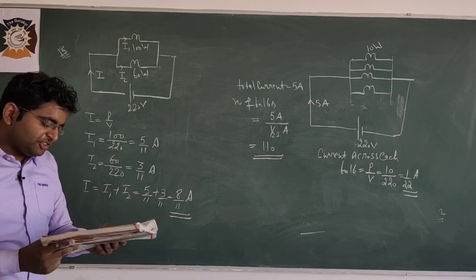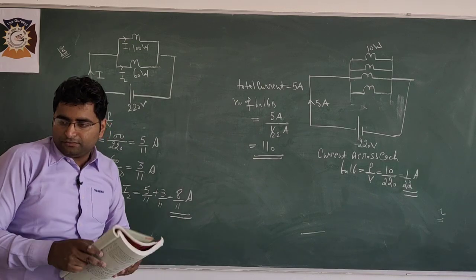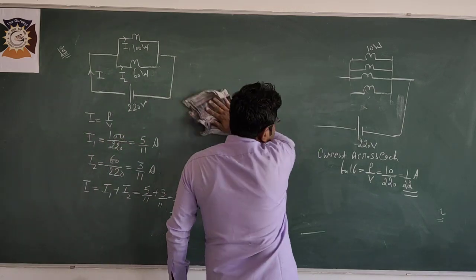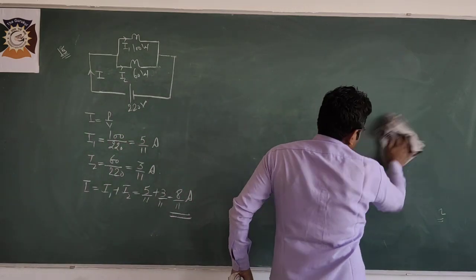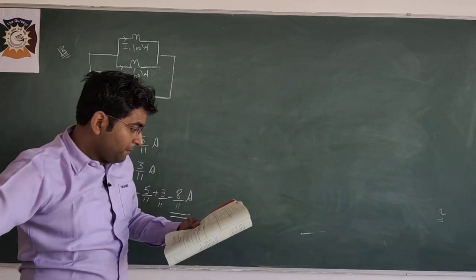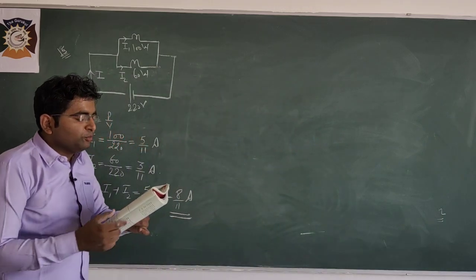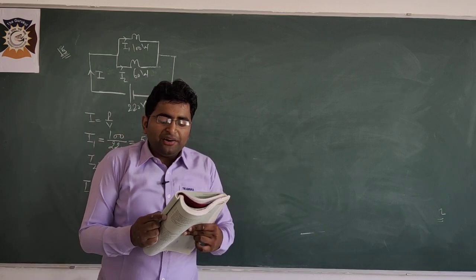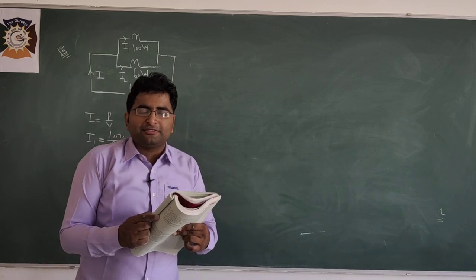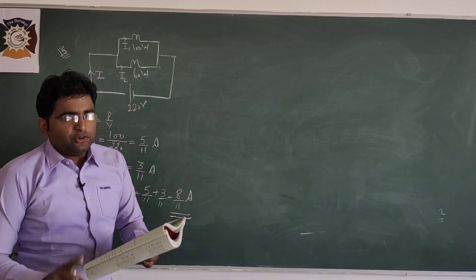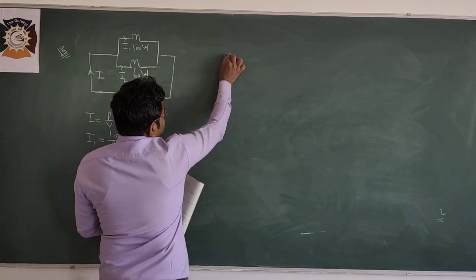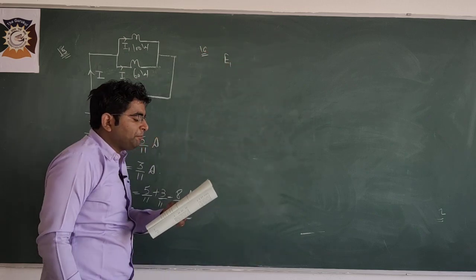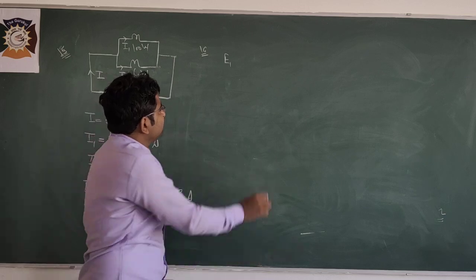Okay, now students, next. Which uses more energy? A 250 watt TV set in 1 hour, or a 1200 watt toaster in 10 minutes. We will see, energy is equal to power into time. So first, the energy across the TV set.